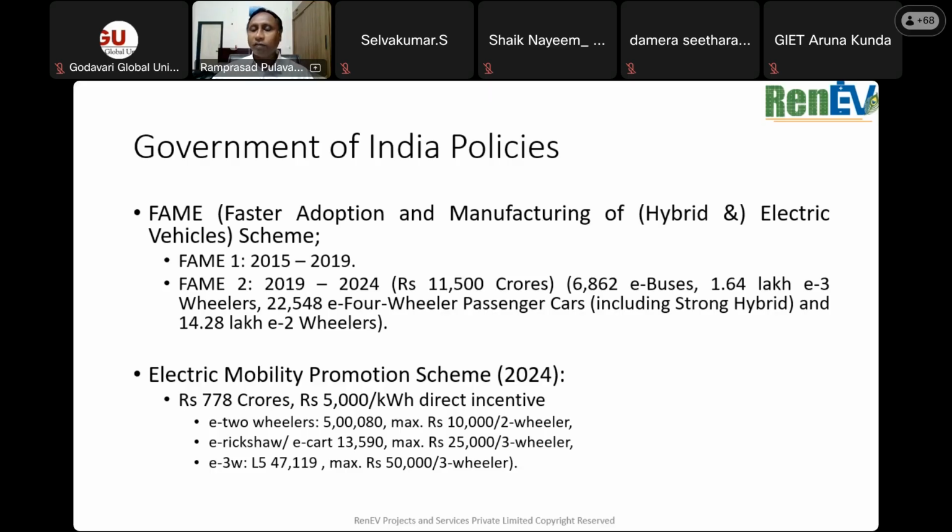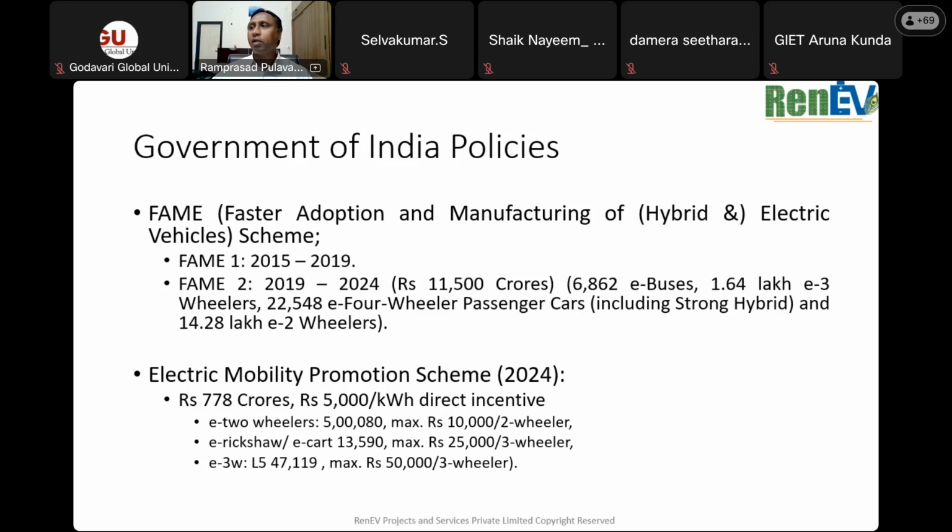So let's say if I am having an Ola scooter, the battery capacity can be 2 kWh or 3 kWh or 4 kWh. But what the government of India is saying is, irrespective of your battery capacity, the maximum ceiling of the incentive for a two-wheeler is 10,000. It means they are only giving 10,000 rupees incentive per two-wheeler.